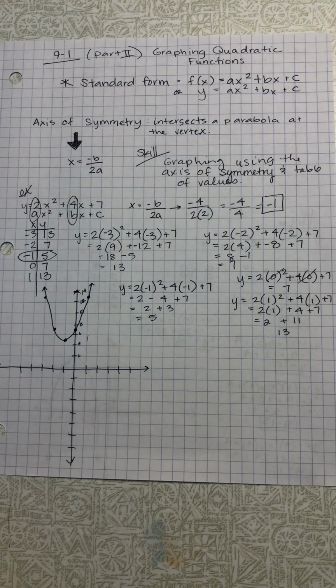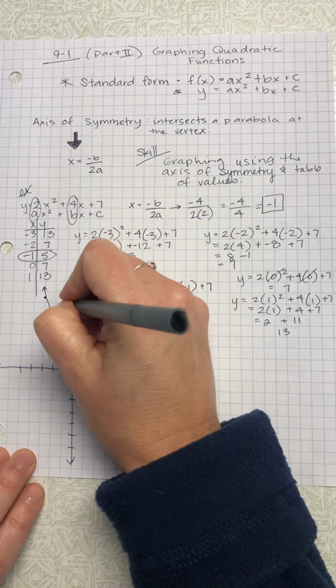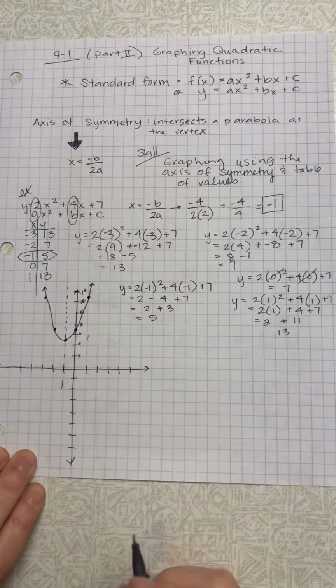That is our graph. Our line of symmetry goes through -1.